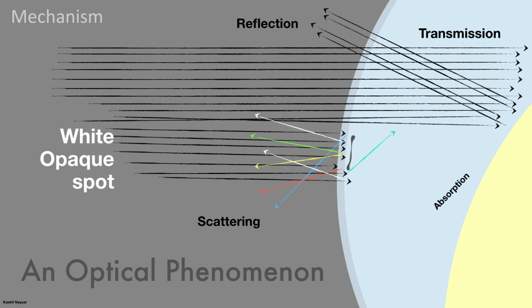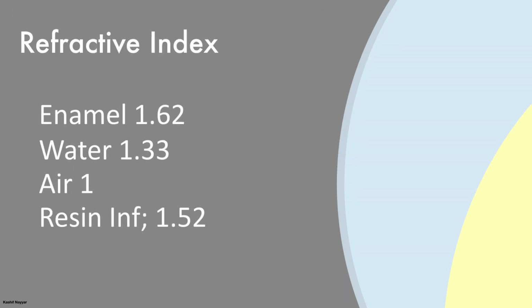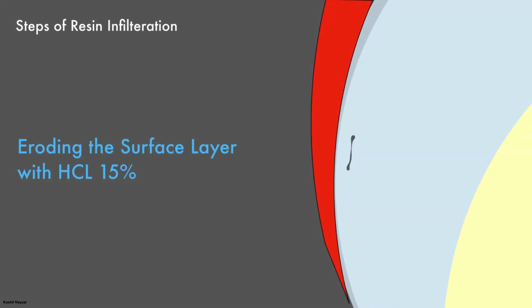Thus, early lesion stages need drying to be visually detected. As the refractive index of water is close to that of enamel compared with air, dehydrated enamel would show a decrease in translucency. So what we are doing is modifying the refractive index of the tooth.